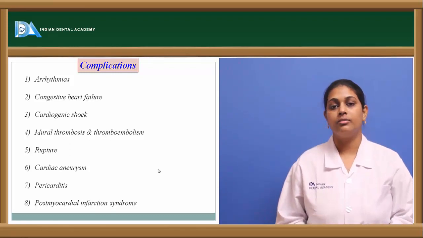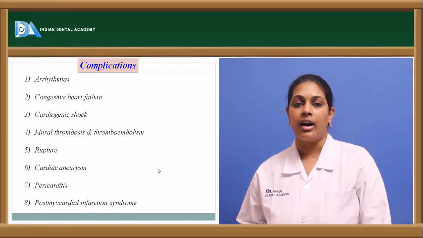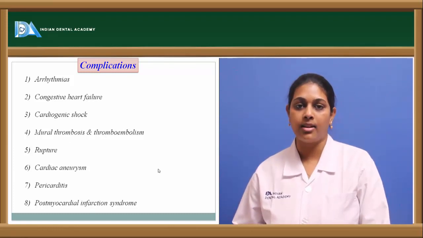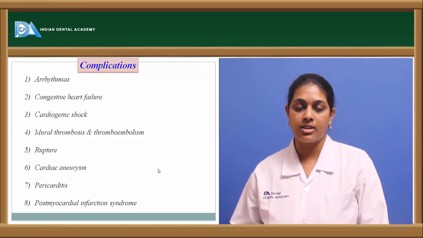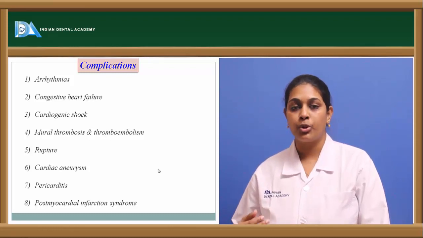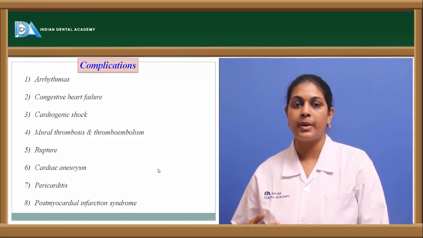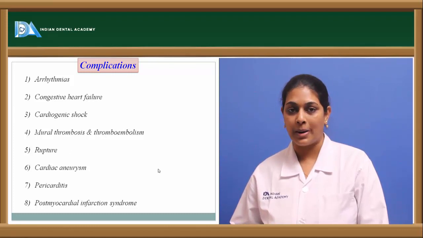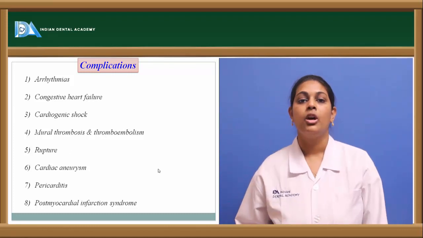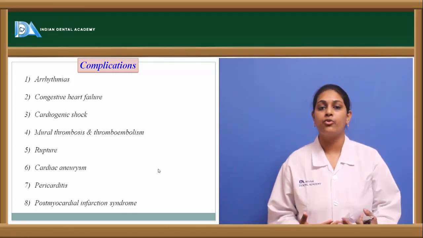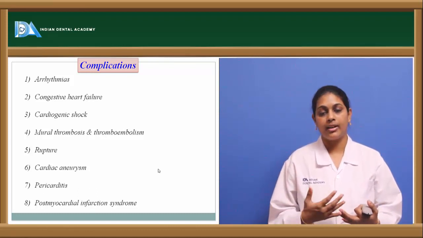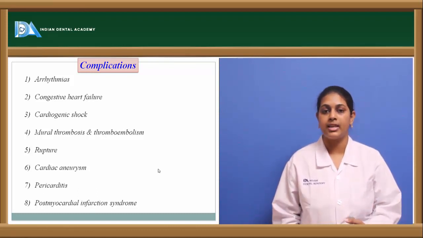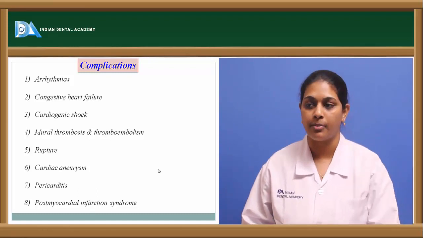The thrombus or atheroma formed at the primary site might migrate through the blood circulation. Once it has dissociated from its primary site, it is known as an embolism, resulting in thromboembolism, that is, it lodges in an organ other than its primary site. This is known as mural thromboembolism.